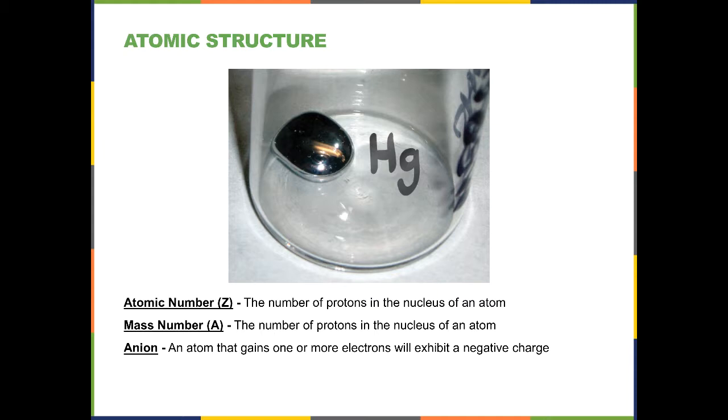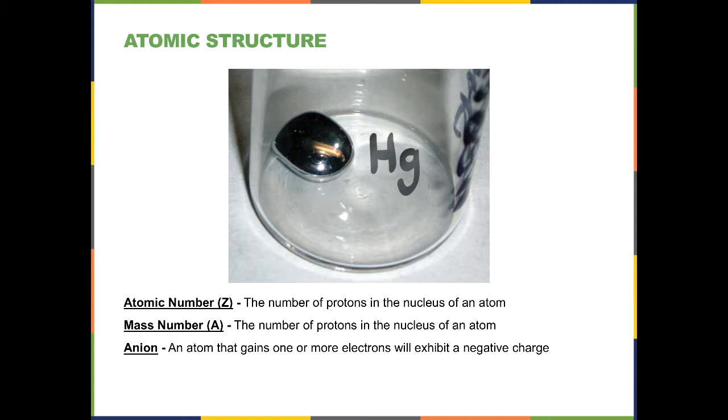An anion is an atom that contains one or more electrons that will exhibit a negative charge. Now what that means is that an anion has one or more electrons more than the number of protons. An atom that has no charge has the same number of protons as it does electrons.